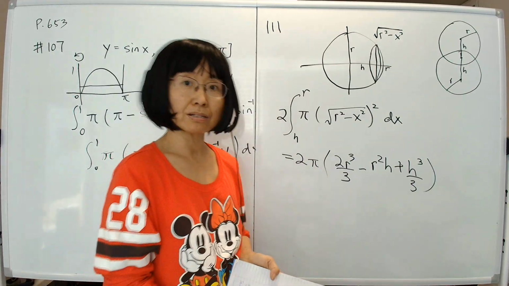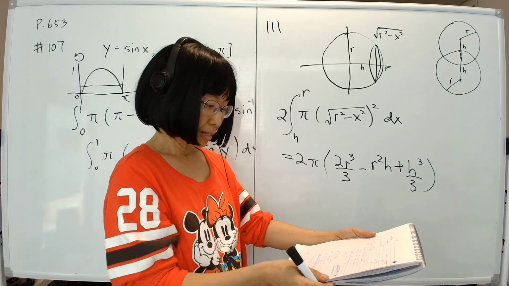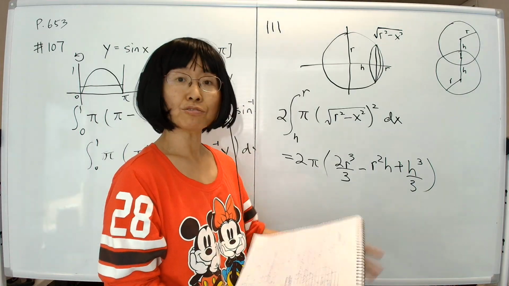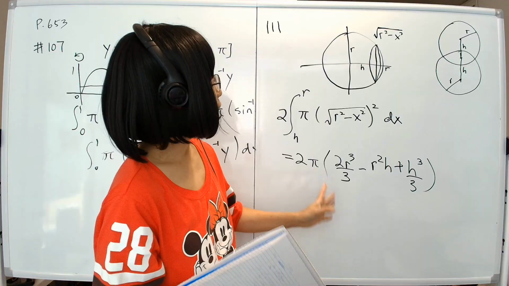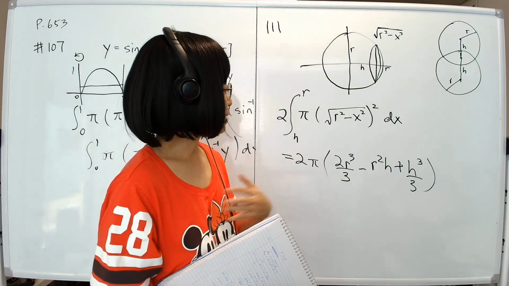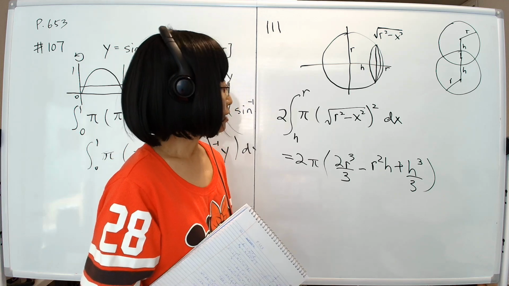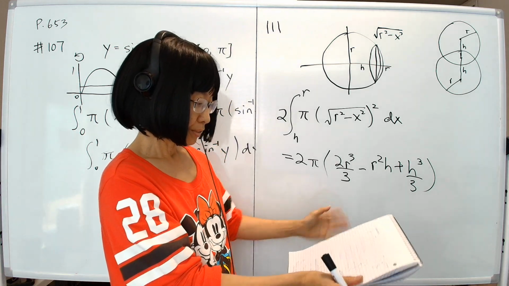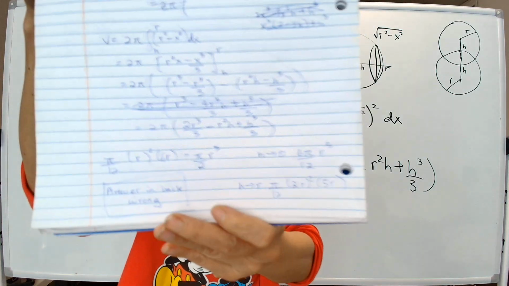Now, the book gives a completely different answer that I know is wrong. How can I tell that it isn't me who messed up? Maybe the book is right. Let me show you what I did so that you can see it.